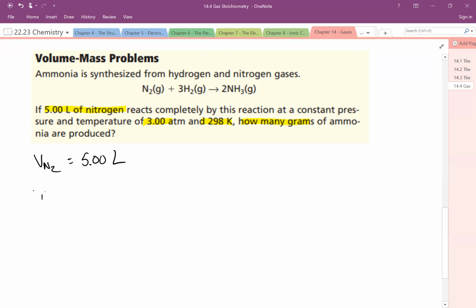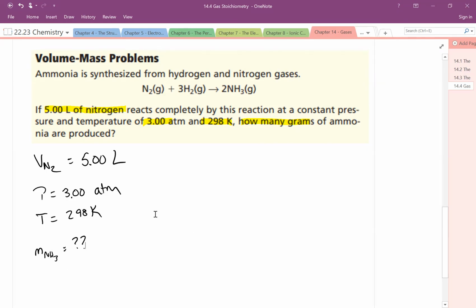I also know my pressure to be 3.00 atm and my temperature to be 298 Kelvin. It's already in Kelvin. Cool stuff. And I know that my mass of NH3, my mass of ammonia, m NH3, is what I want to find, right? That's what it says, how many grams of ammonia are produced. And so you can see why I'm being very careful to label some of these properties. I have the volume of nitrogen, and I'm searching for the mass of ammonia.